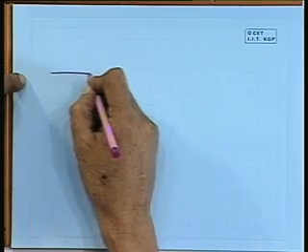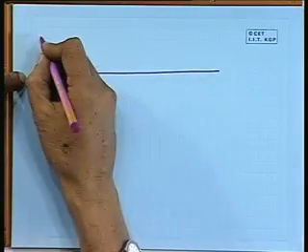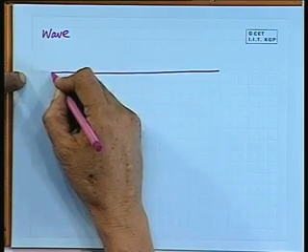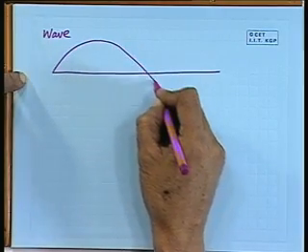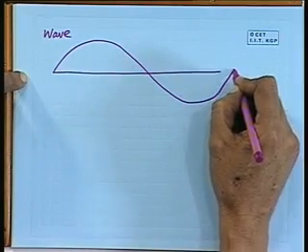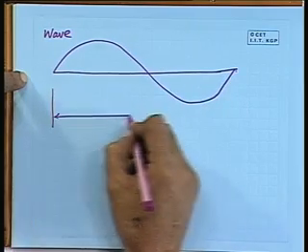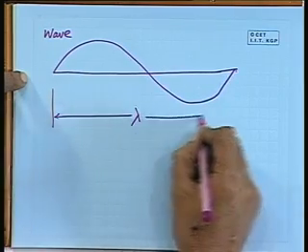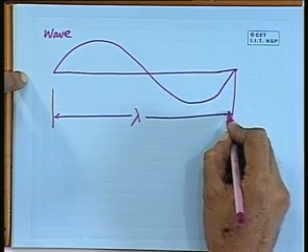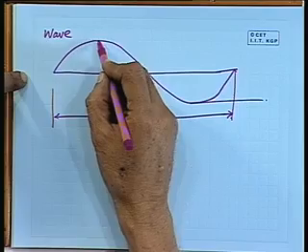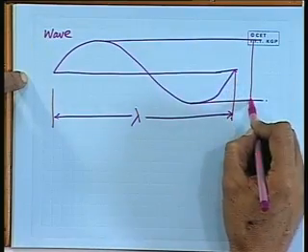So, if we talk about the wave pattern, you take a wavelength, this is known as lambda, the wavelength, and this is the wave height.